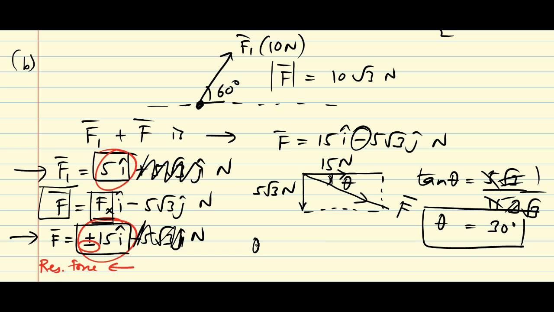And the reason why this is the only acceptable answer is the following. Trigonometrically, if I add 180 degrees to 30 degrees, I still get the same tan. So theta can be 30 plus 180, which is 210 degrees. However, if I think a bit about this 210 degrees, clearly if theta is 210 degrees, we are talking about theta below the rightward direction.